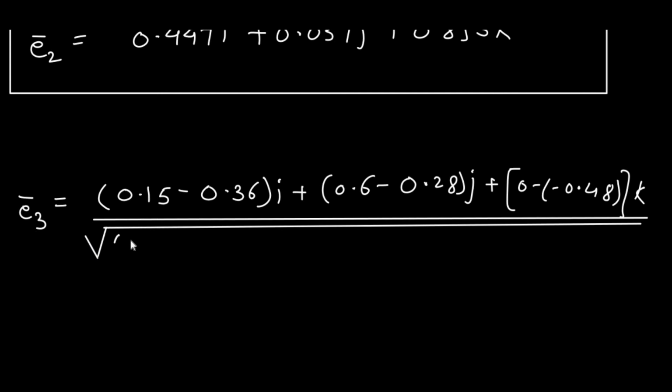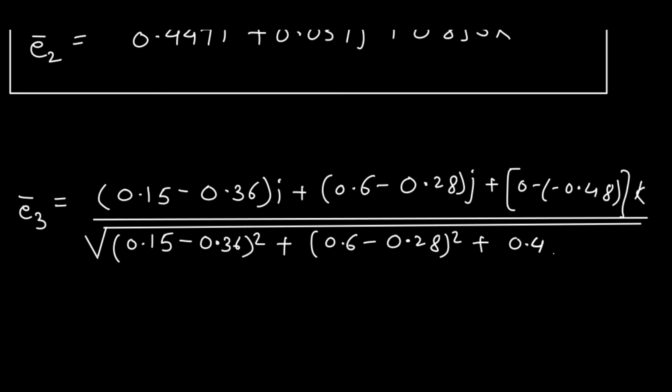So here 0.15 minus 0.36 square plus 0.6 minus 0.28 square plus 0.48 square.